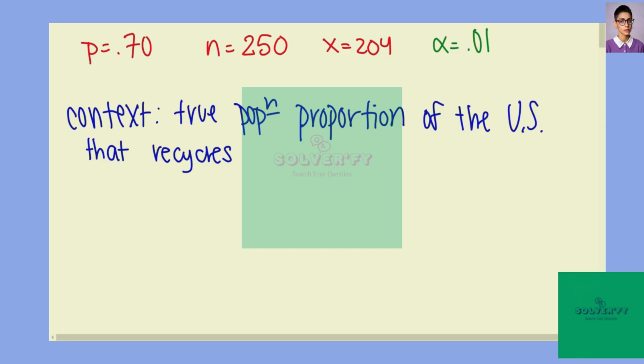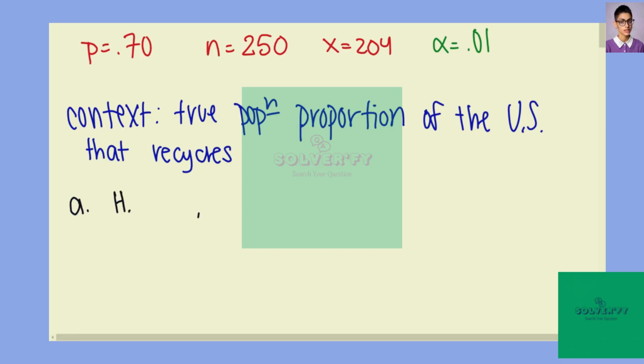For this problem, we know that 70% of the US recycles. We're looking at college students, and we ask 250 college students if they recycle, and 204 of them say they do.